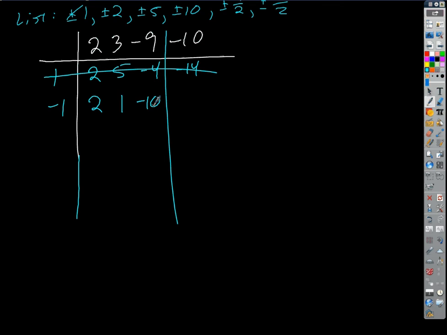Negative 1 times negative 10 is 10, plus negative 10, 0. So that one worked, right? And if it didn't, we would cross it off and go to the next one. That way you can try a whole bunch of them really quickly if you use that technique. You don't have to. You can draw a bracket out each time if you want to. But that's the way I would do it. It's a little quicker. Okay?